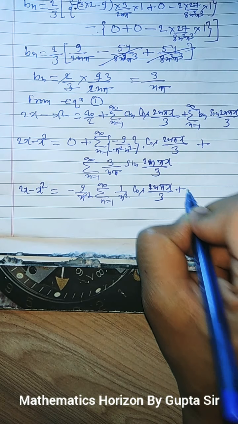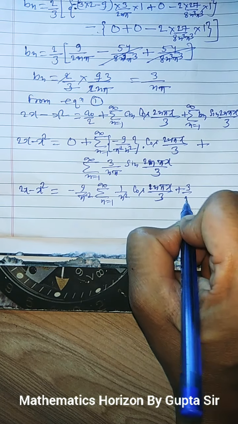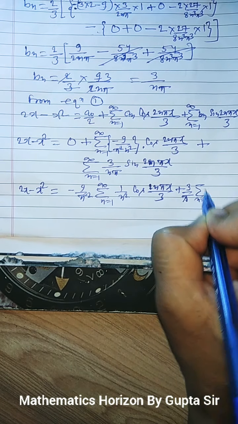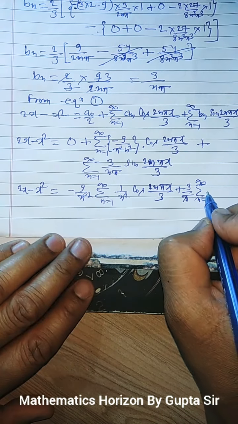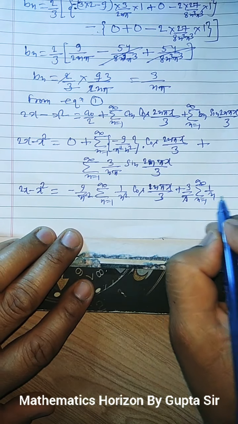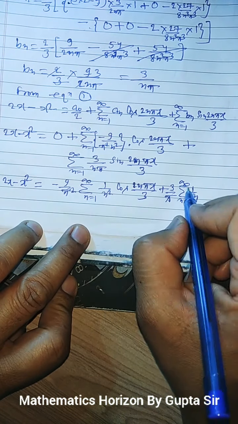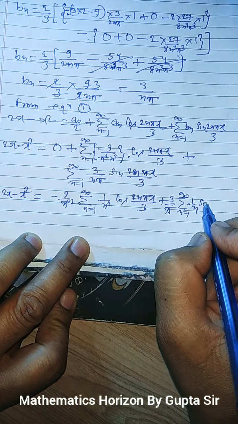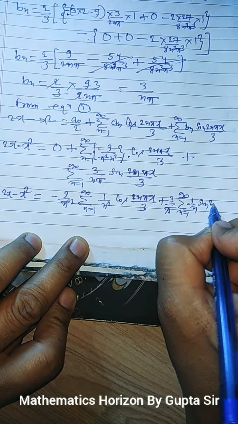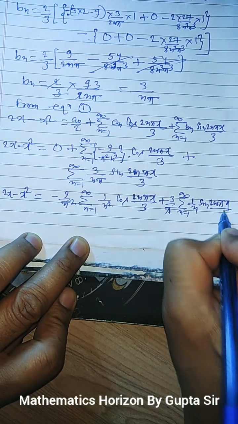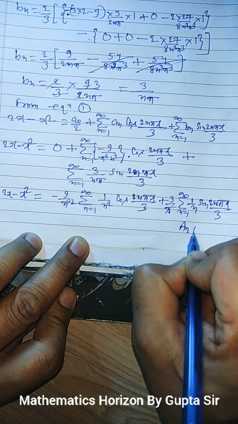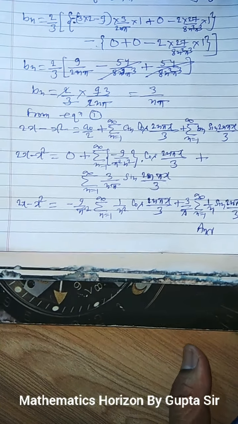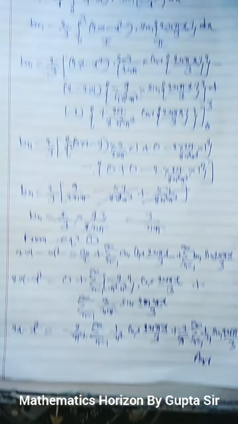Here 3 upon pi is the common term, and here we have summation n equal to 1 to infinity 1 upon n, and this is sine 2n pi x upon 3, which is the final answer. I think this method is clear to all of you.